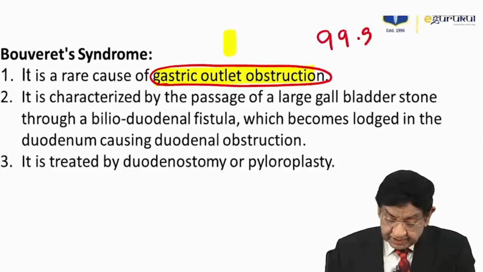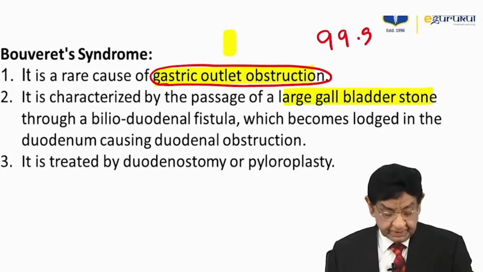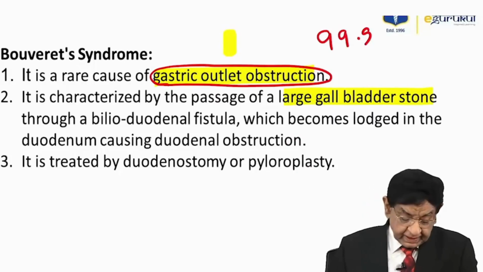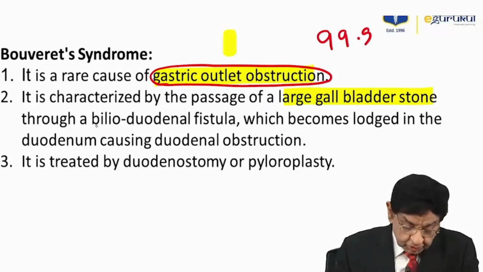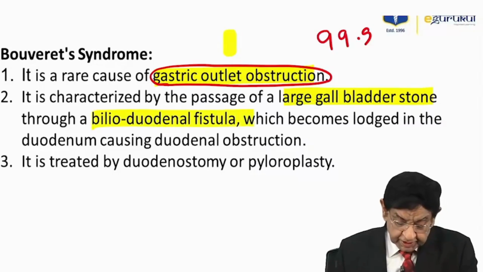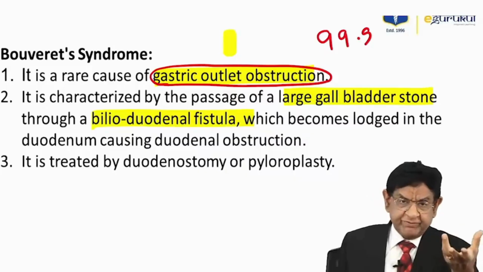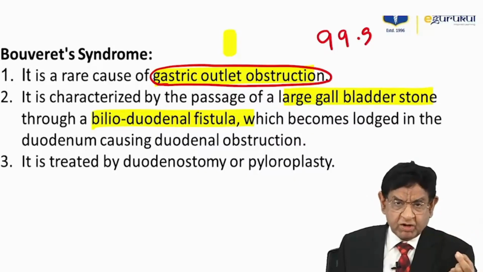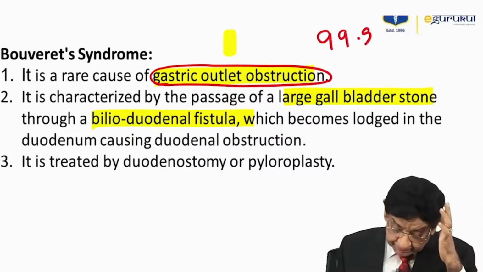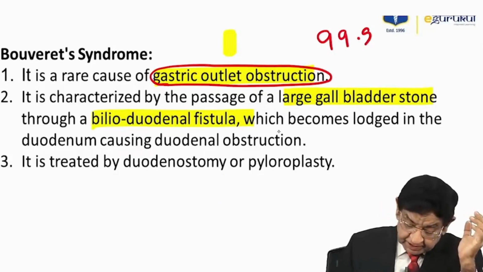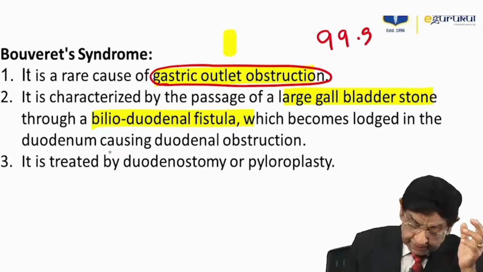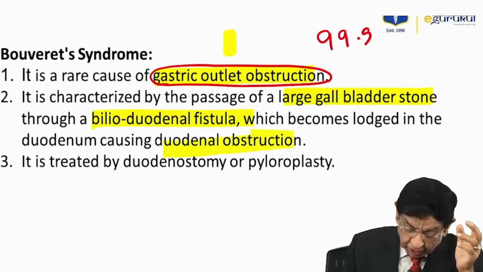There is a large gallbladder stone, and it goes through a bilioduodenal fistula. That means a fistula has formed between the gallbladder and the duodenum, and this stone will go into the duodenum and will cause duodenal obstruction.